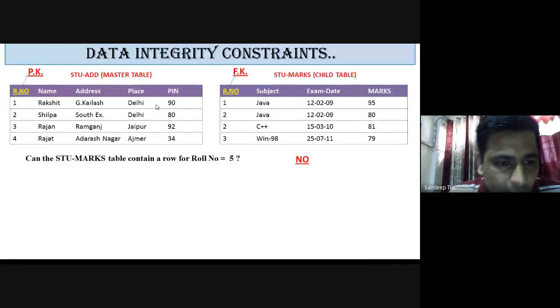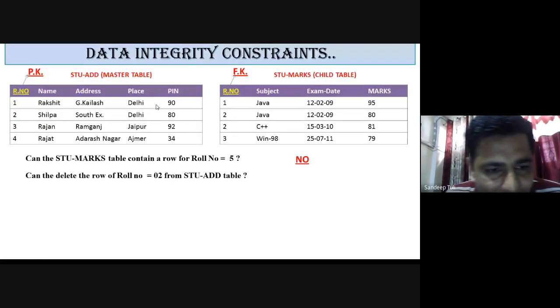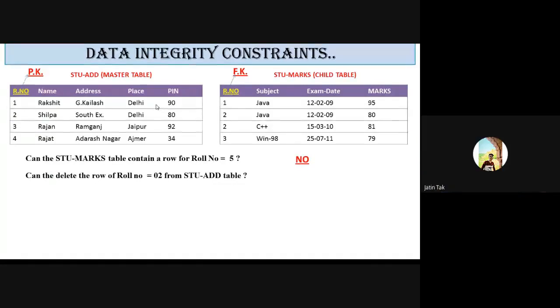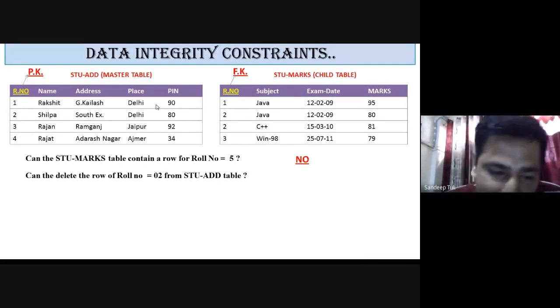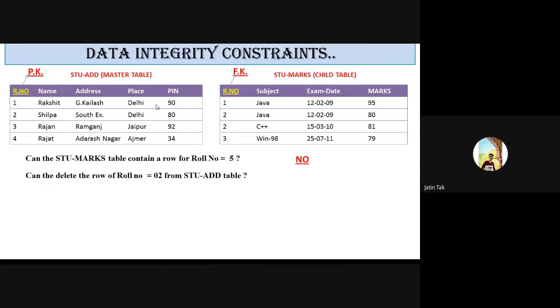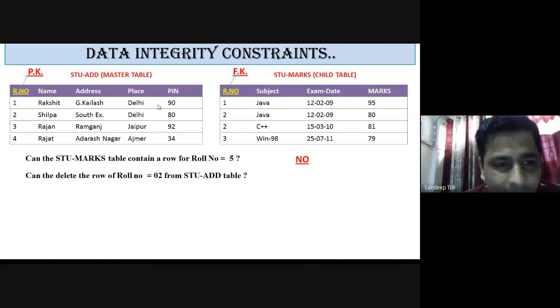Now the second question is, can we delete the row of roll number 2 from the student address table? No, sir. Because the foreign key also has 2. It first has to be deleted from the foreign key side.